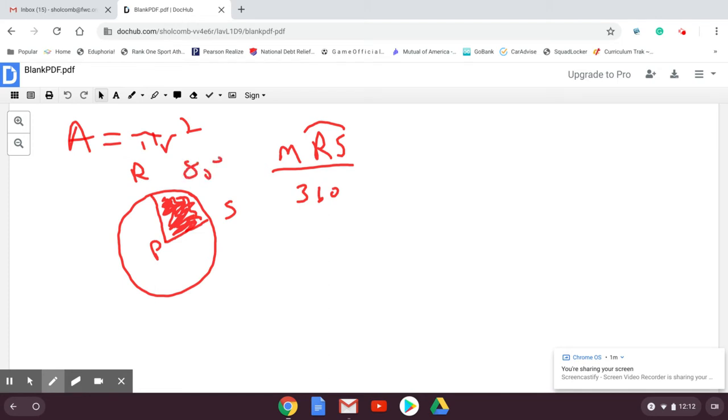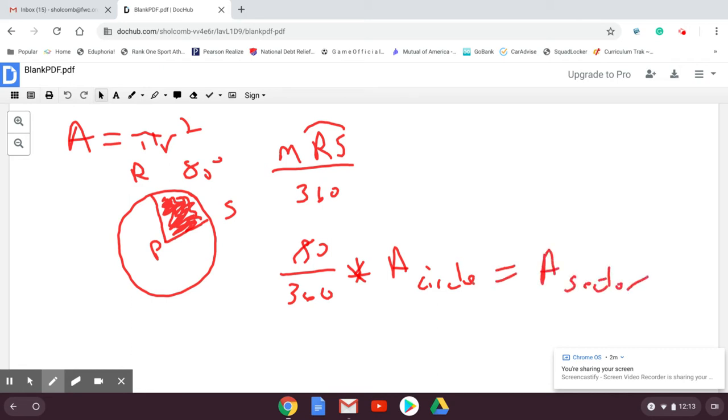Well, that would mean that we'd have 80 over 360 times the area of the entire circle. And that's going to be the area of our sector. So the area of a sector is equal to the ratio of the arc that forms the sector divided by 360 total degrees in the circle times the overall area of the circle.